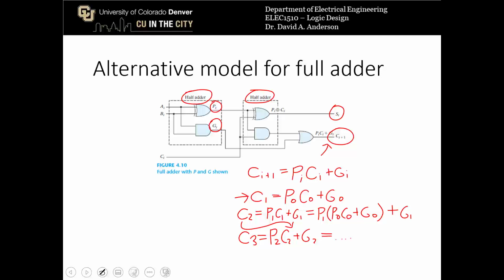So now every carry in for each full adder is a sum of products expression that depends only on the P sub I factors, the carry propagations, the G sub I's, the carry generators, and C sub 0 ultimately, which means that they can be written with the same number of levels for each carry in to each full adder, so there's no delay between the calculations for each carry in.